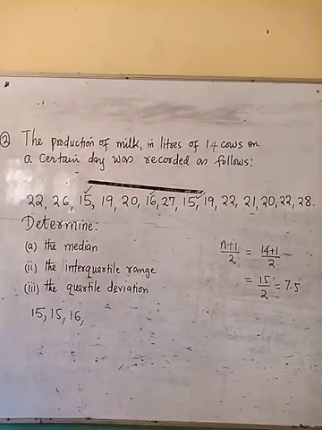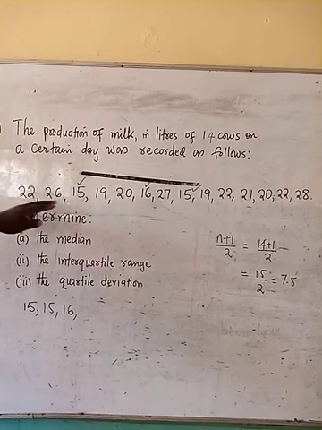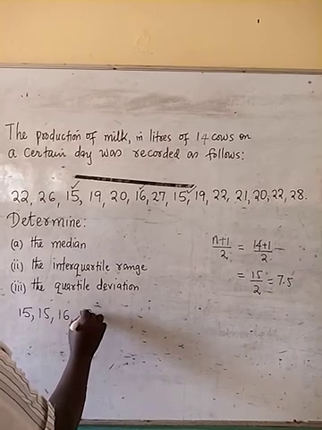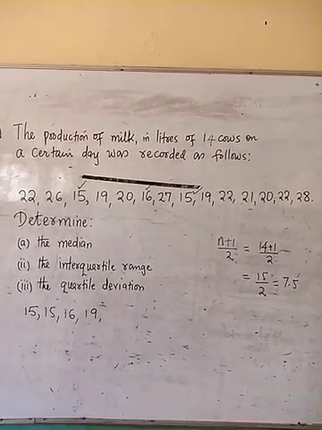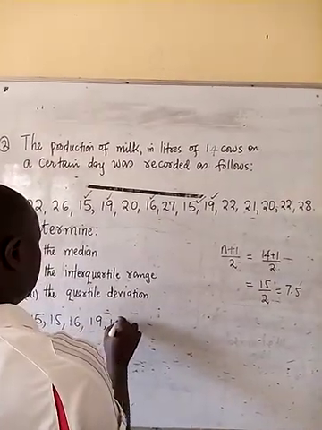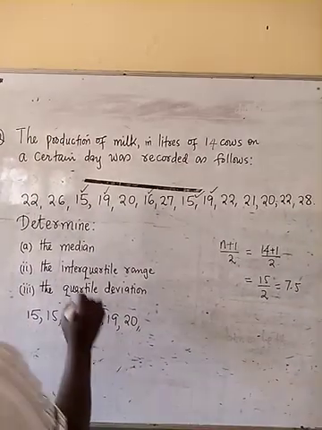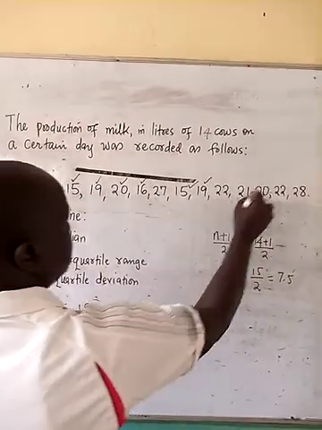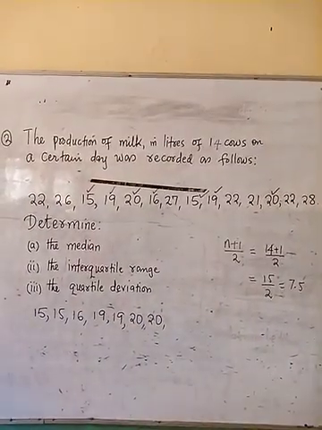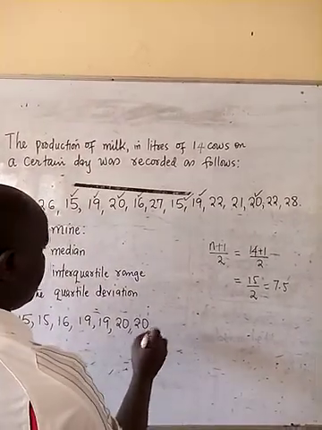The next number we can see will be 19. You check if it's appearing more than once. There's another 19. There is 20. So 20 once, then 21. 21 is appearing once.